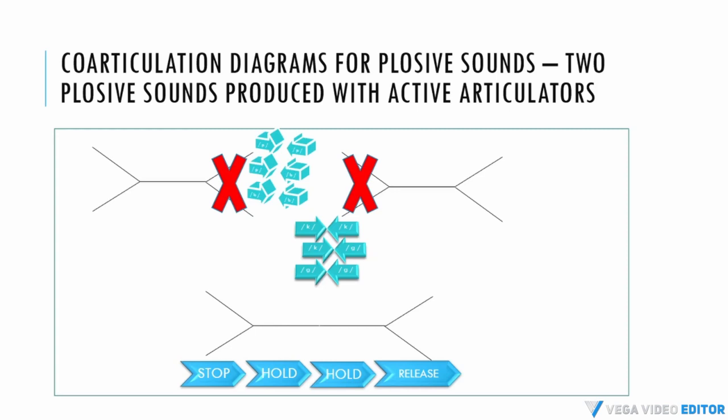So as you can see here, the first plosive sound is going to lose the release stage, and the second plosive sound is not going to produce, of course, the first stop phase. Why? Because the air is already being stopped with the first plosive sound.